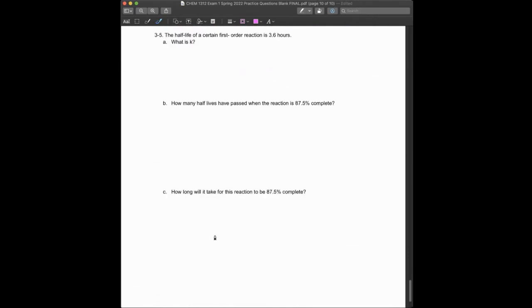Our last question says that the half-life of a certain first order reaction is 3.6 hours. What is K? Let's break down what we know.